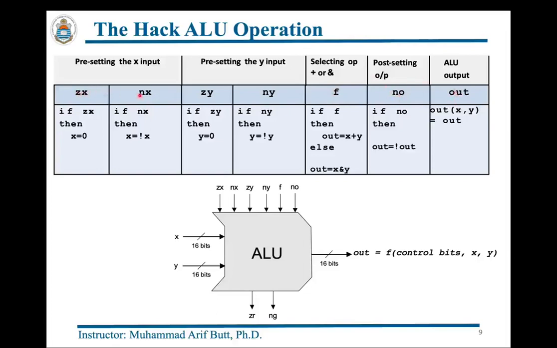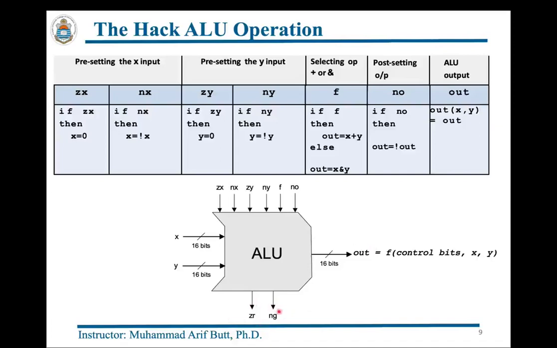So 1, 2, 3, 4, 5, 6. These are the 6 control inputs given to this ALU, and based on them, the ALU performs different operations on these two 16-bit values and generates this 16-bit output value, and also sets or resets these two single-bit flags.